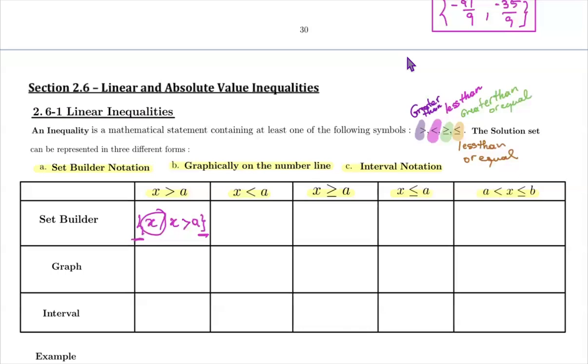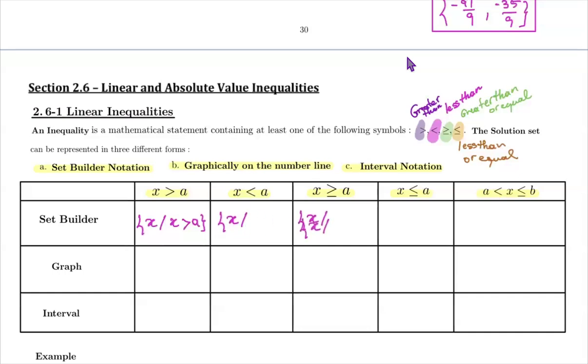X is the name of all the elements inside of the solutions, but x should verify the inequality that you have at the end of the algebra process of isolating x. So that's still going to be the same for all the inequalities.